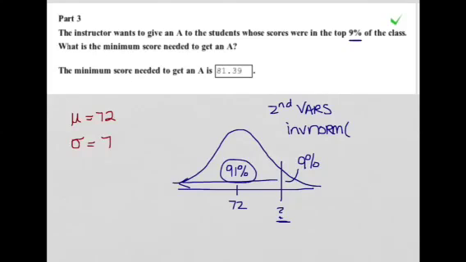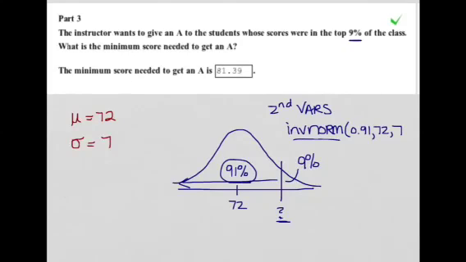If we have boundary values and want to find a percentage, that's when we use the normal CDF. So here we're using inverse norm because we're starting with the percentage. I put in the percentage that falls below, 91%, and then the mean, 72, and the standard deviation, which is 7.